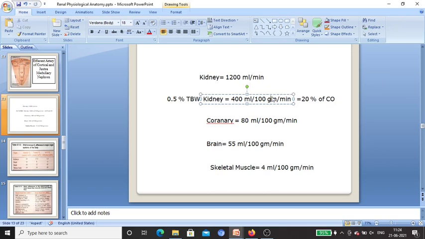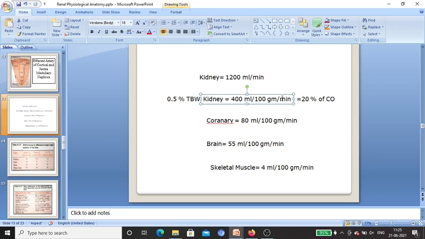And if we go to the change in blood pressure, whenever there is a change in blood pressure, the kidney blood flow is affected by a very minute quantity for a wide range of disturbance in blood pressure. So during exercise, what happens?